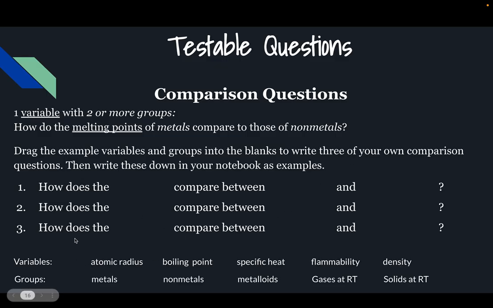You need to write 3 comparison questions about these groups right here. So please plug in a variable, plug in 2 groups, and that's basically how you write a comparison question. When you get ready to do your investigation, maybe you'll decide to do a comparison question. Write these down in your notebook, write down the description of the format of a comparison question and my example.